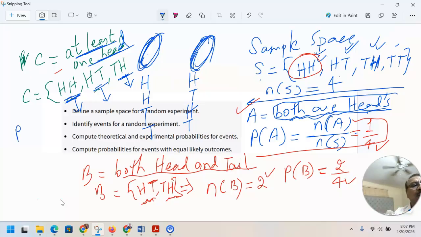So the probability that at least one head shows up is n of C divided by n of S. There are four outcomes in total, and three of them satisfy it. So it is three out of four. This is how questions can be asked.